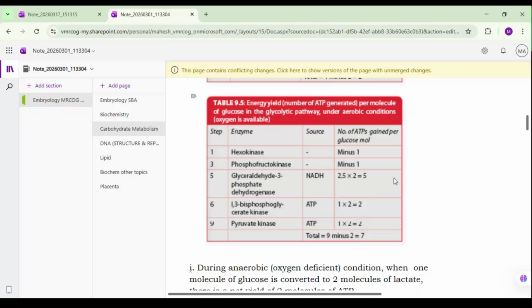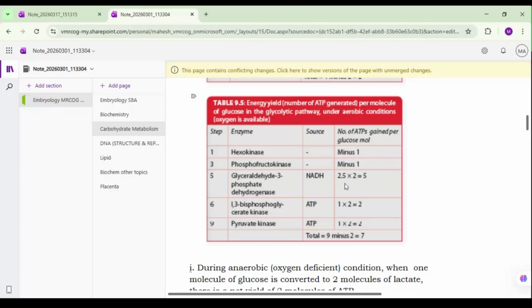The step 1 and 3, they will utilize 1 each. Okay. Now in step 5, one NADH is produced, that we know. Then step 6 and 9, 1 ATP is getting formed, but there are two molecules. That is why here you have 2 and 2. Okay, so these are the total 4 ATPs, and these are the 2 ATPs which are getting utilized.